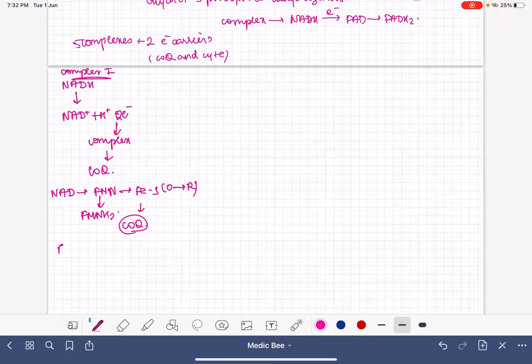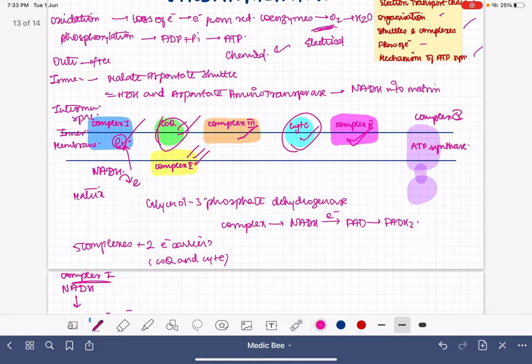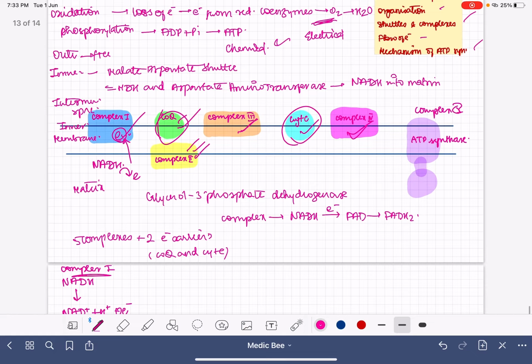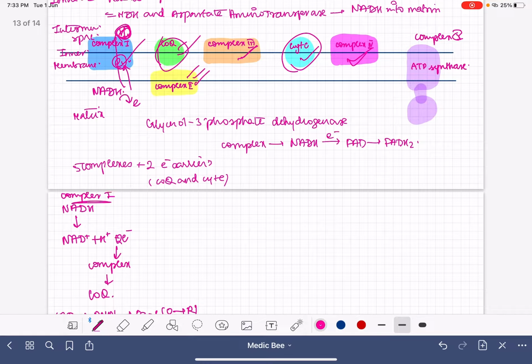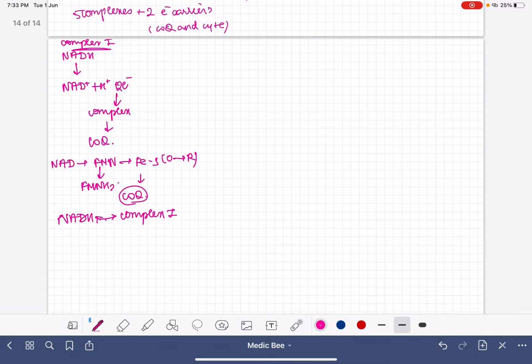Only NADH will enter the electron transport chain at complex 1, and when the electrons are released, along with protons, the movement of electrons towards complex 1 will activate it and push the protons towards the intermembrane space.